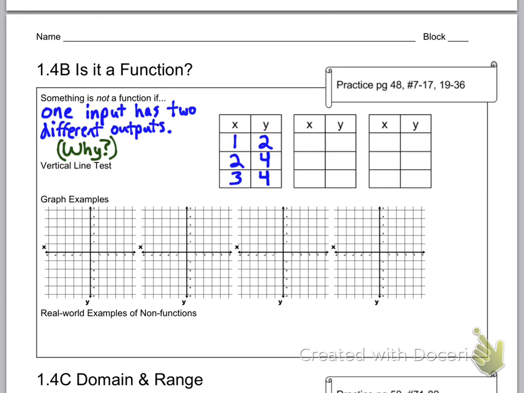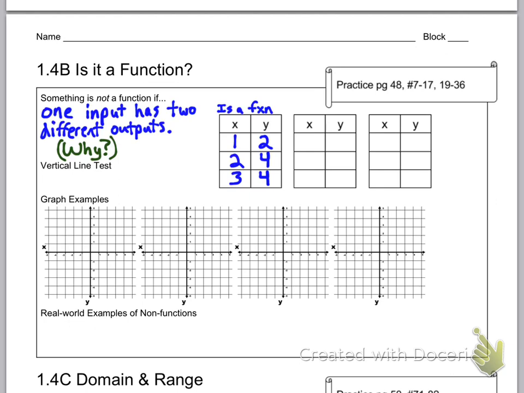First of all, I've got an input of 1, output of 2, input of 2, output of 4, input of 3, and output of 4. Does one input have 2 different outputs? No, because all the inputs are different. We're just fine here. So you notice this actually is a function.